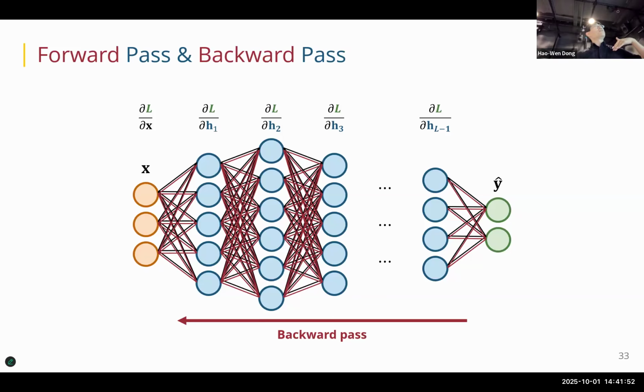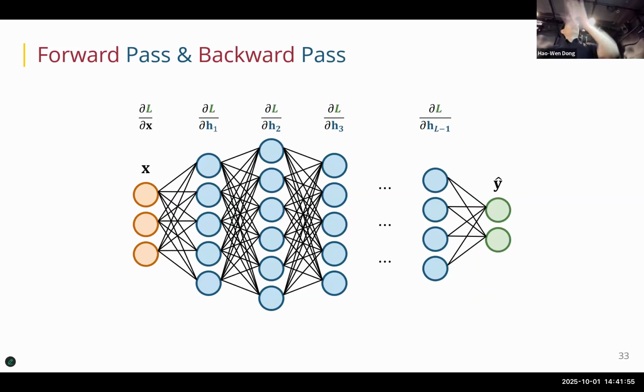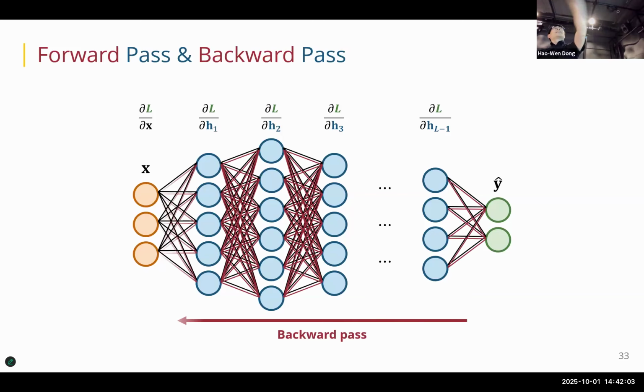Now you want to compute the gradient and adjust all the weights and biases. But how you compute it is that you first do the last layer, then the third layer, the second layer, and the first layer. So it's the opposite way. And this is essentially what PyTorch does when you call loss.backward.